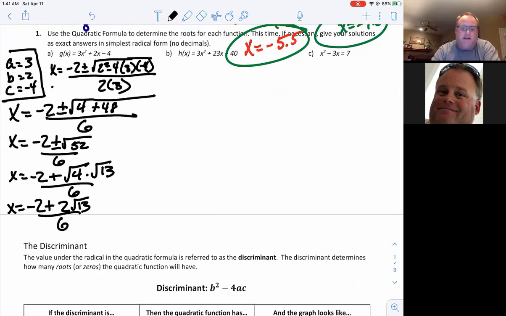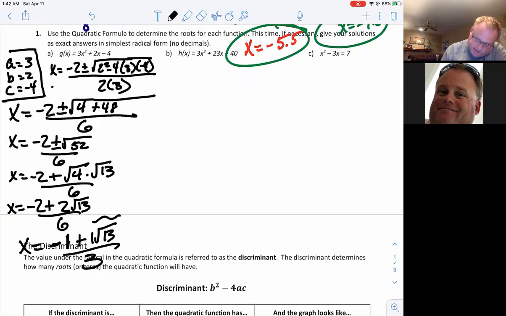Now, since there is a 2 in front of the radical and a 6, and they all have a greatest common factor of 2 between them, I can actually reduce this down and say this is negative 1 plus the square root of 13 all over 3. So this is one of my solutions right there. That is one of them, okay?